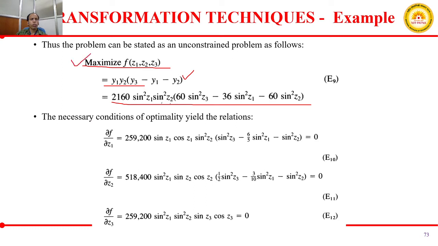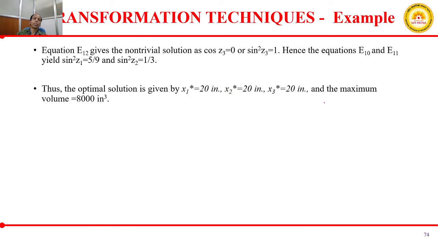Now your problem has been converted into an unconstrained problem, which may be stated as f(z) equal to 160 sine square z1 sine square z2 in bracket 60 sine square z3 minus 36 sine square z1 minus 60 sine square z2. This is your new objective function, representing an unconstrained problem.